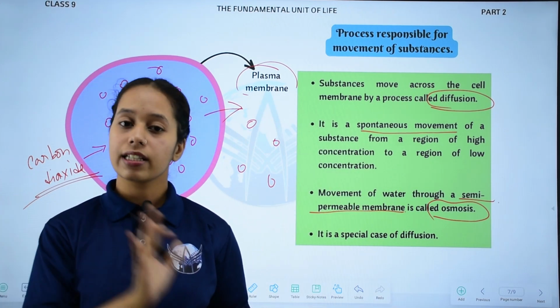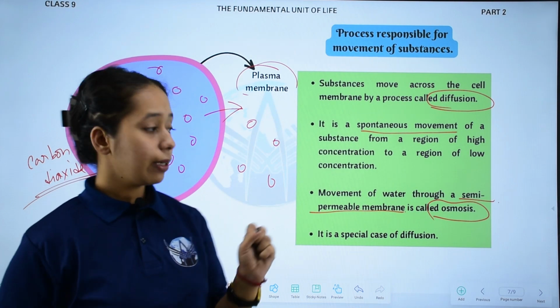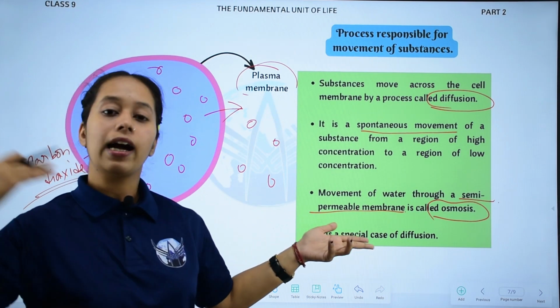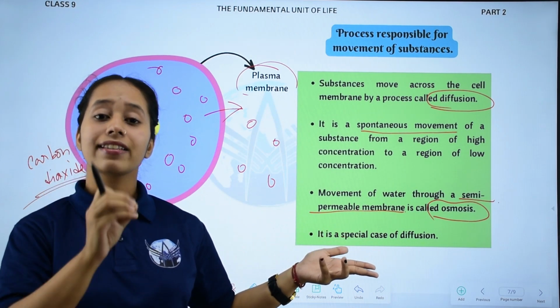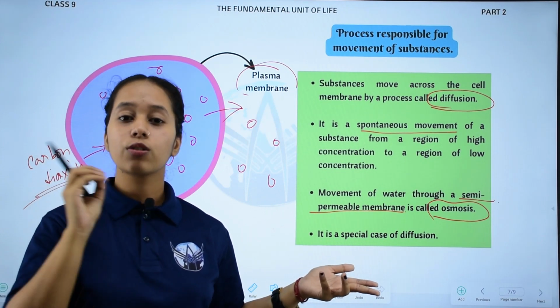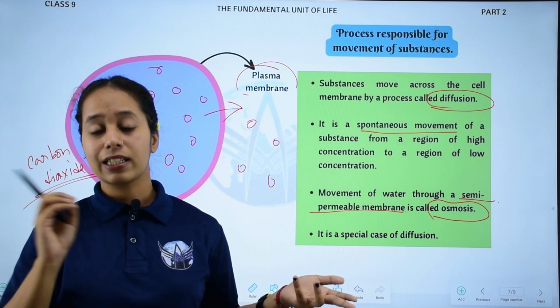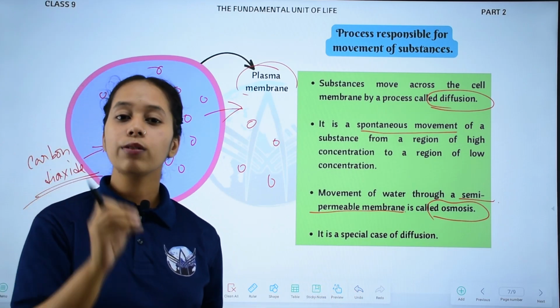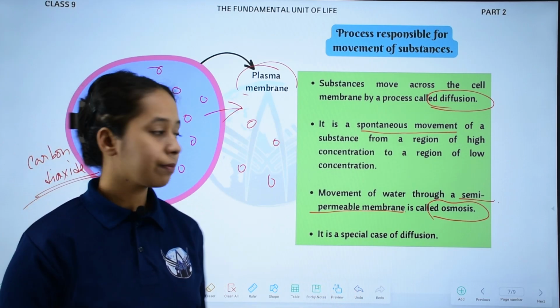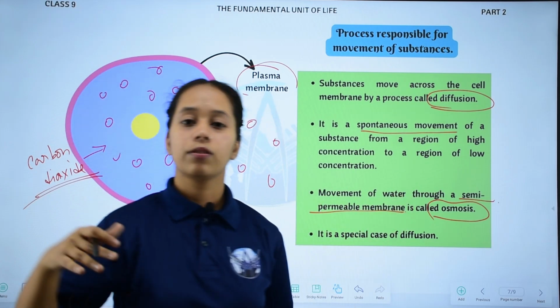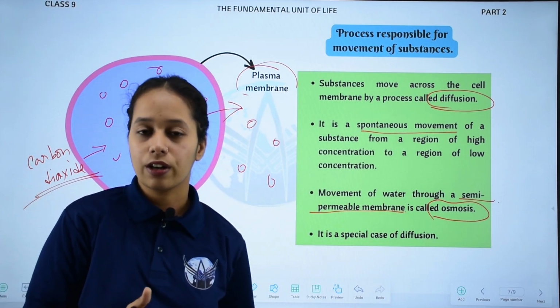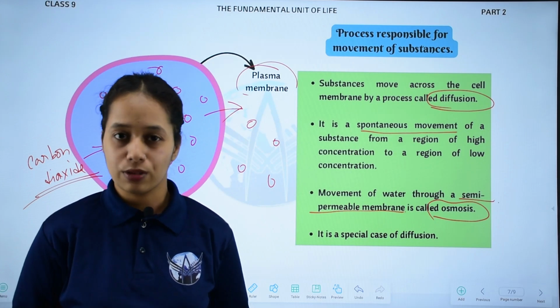But osmosis is the movement from higher concentration to lower concentration where a semi-permeable membrane must be present. Only with the presence of a semi-permeable membrane will the movement of water from a higher concentration to a lower concentration region be termed osmosis.